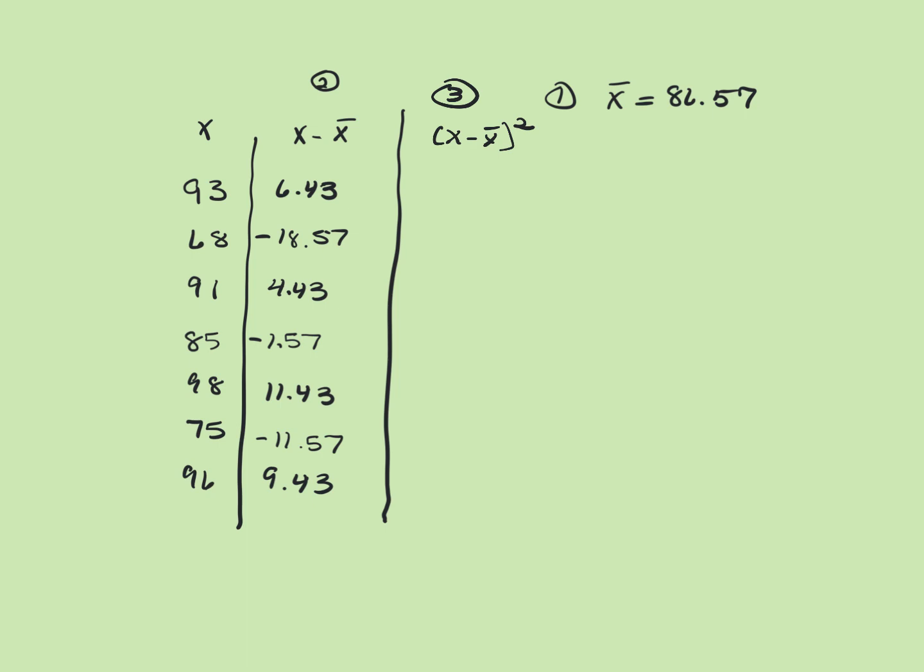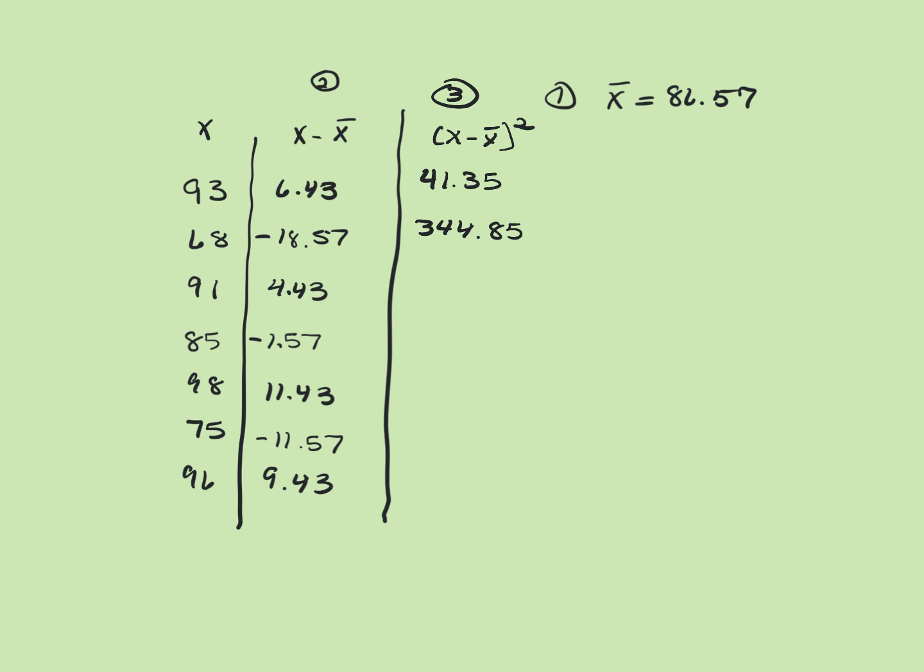So for us, we're going to take that 6.43 and square it. 6.43 squared is going to give me an answer of 41.35. And then I'm going to take that negative 18.57, and when I square negative 18.57, it gives me a positive value, a pretty large number, 344.84.